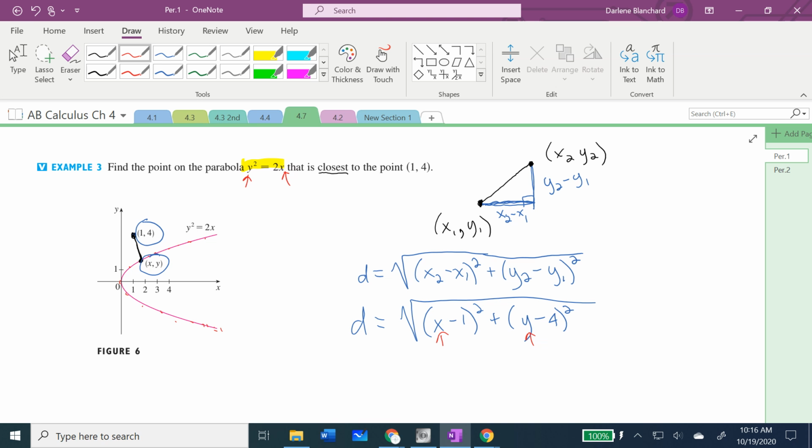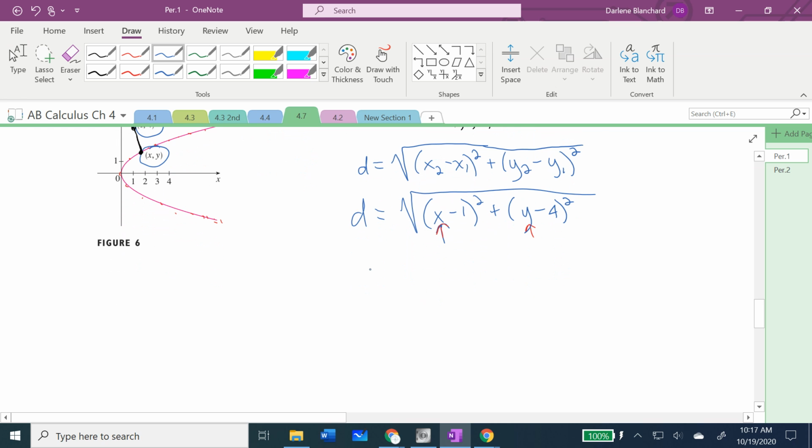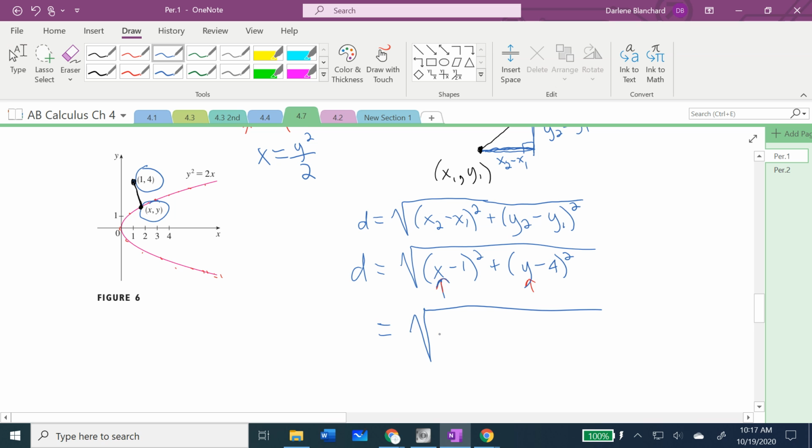So it's going to be very painful if you go that direction. That means we're going to take this and isolate our x in terms of y and plug it in to the x.